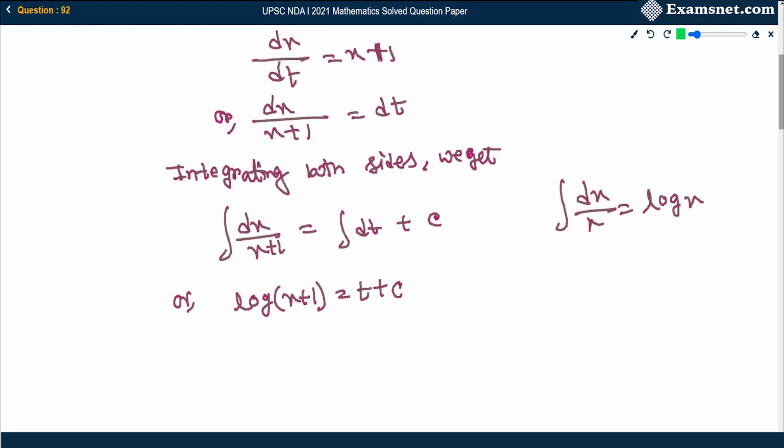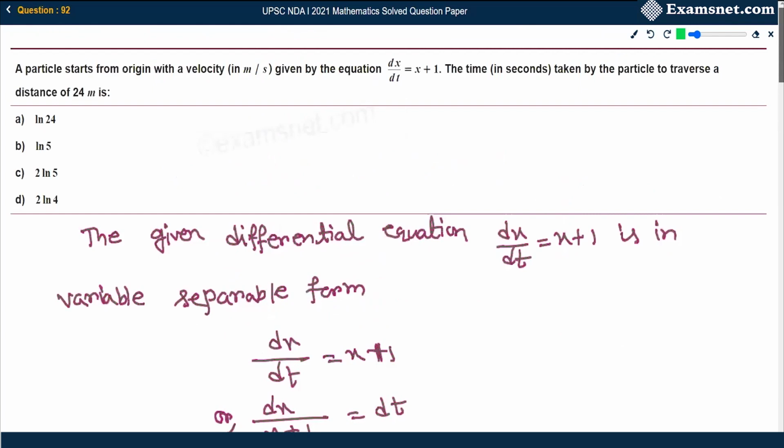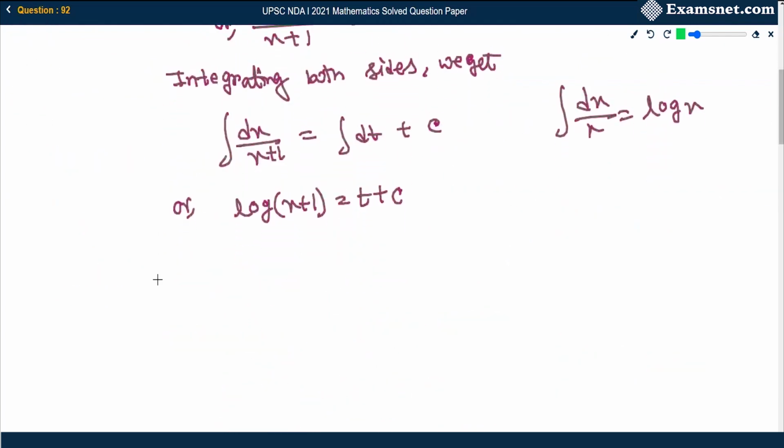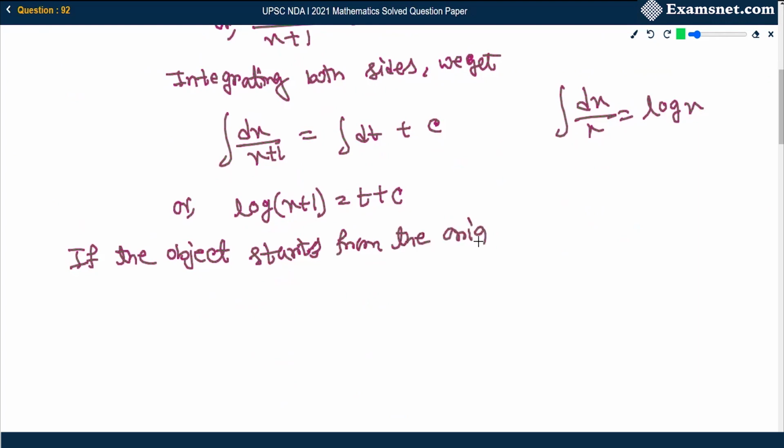Now look, the object starts from the origin, right? So if the object starts from the origin, then t equals 0 at x equals 0.